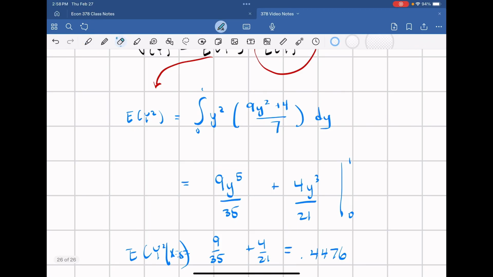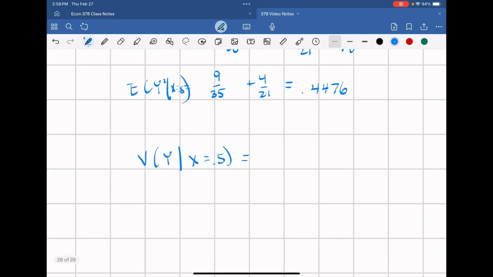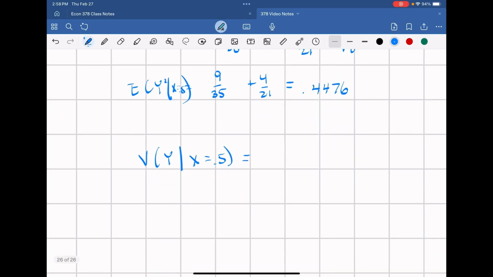So the variance of y conditioned on x equal to 0.5 is 0.4476 minus 0.6071 squared, which is equal to 0.0790.